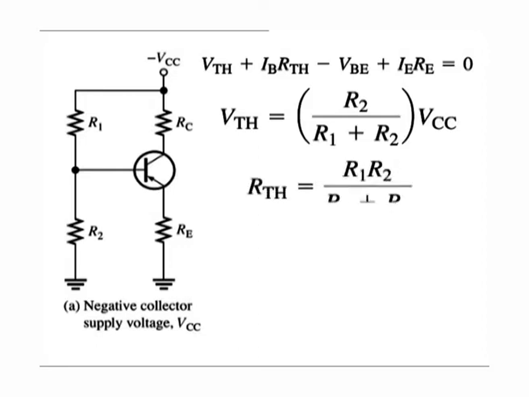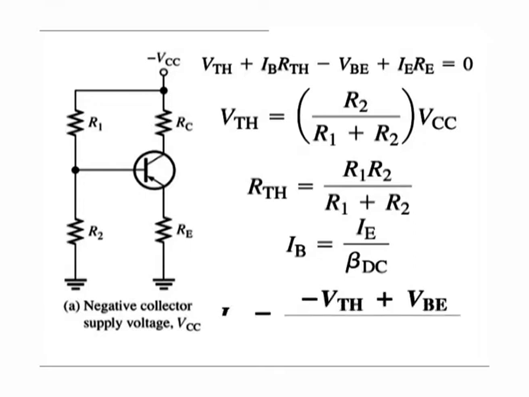Rth is equal to R1 into R2 over R1 plus R2. The base current is then Ib equal to IE over beta DC. The equation for IE then becomes as shown here, where IE is equal to minus Vth plus Vbe over Re plus Rth over beta DC.